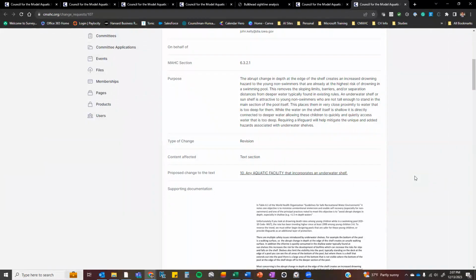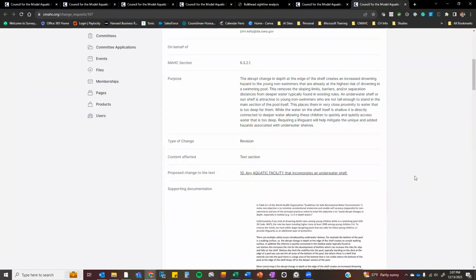I'm sorry to interrupt, Terry, but this did come up in previous TRC conversations from previous versions. I don't remember the exact speak about it, but what's the difference between that underwater shelf and the deck where you can step off the deck into that?